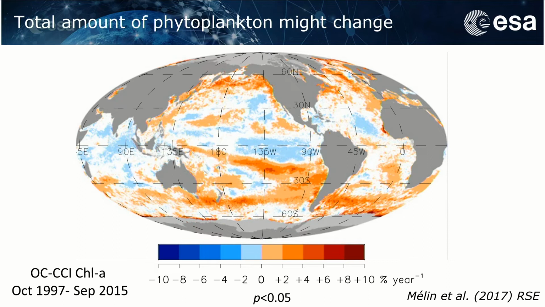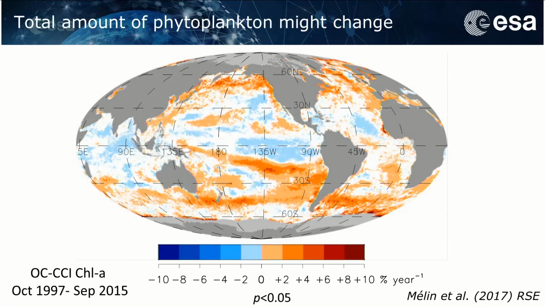And this is what we're seeing. This was a paper published by Frédéric Mélin in 2017 in the Remote Sensing of Environment Special Issue. So this is what we're currently seeing based on our Ocean Colour Climate Change Initiative product. So this is an 18-year trend.